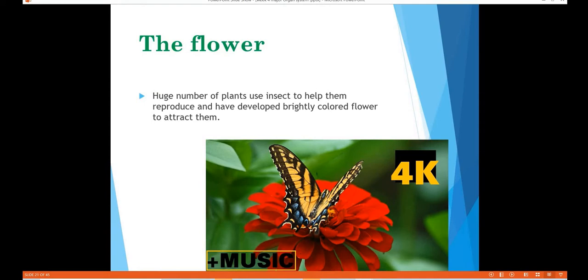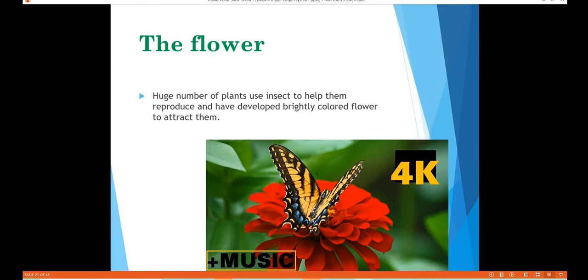Let's talk about a flower. A huge number of plants use insects to help them reproduce and have developed brightly colored flowers to attract them. So all the plants which reproduce with the help of insects. Now what does that statement mean? Like pollination? Yeah, pollination takes place with the help of the insects.